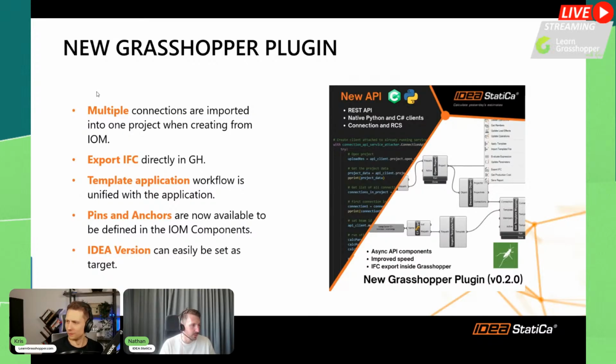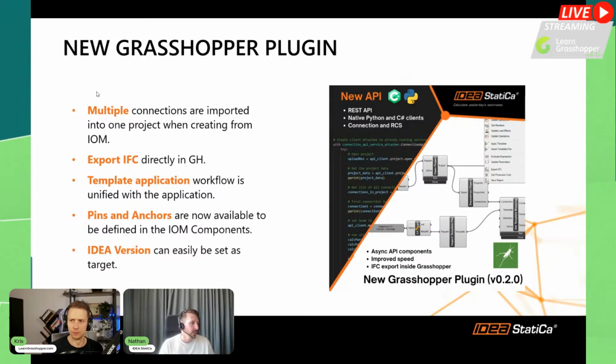We now have export IFC in the API and also in Grasshopper. If you're using IFC based plugins like Geometry Gym or you have your own IFC reader, you can get connection geometry using IFC, and that can also be another way to put geometry back into CAD applications.